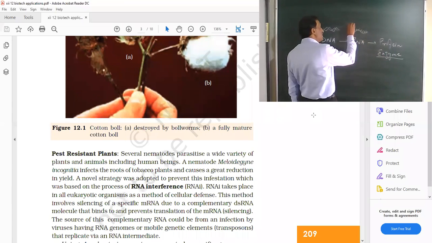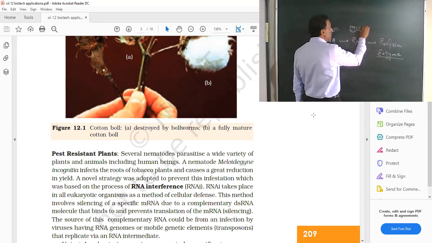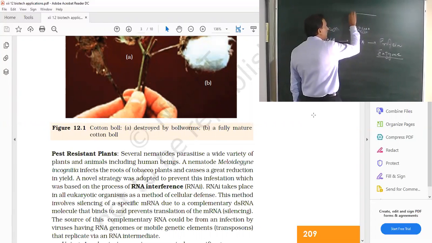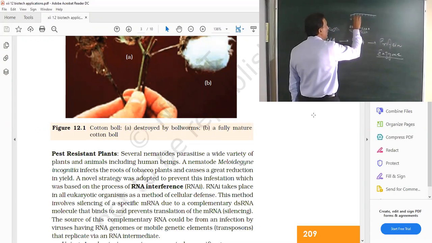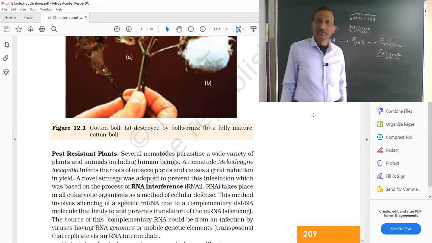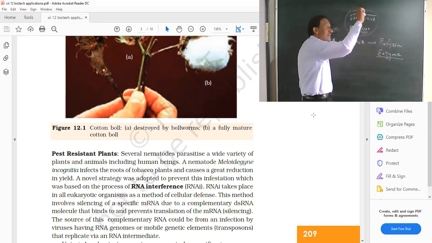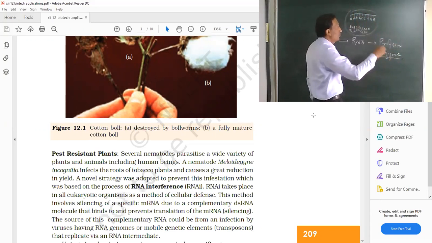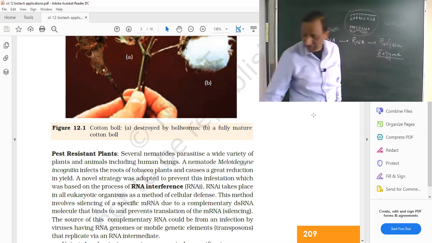And if we have got antisense RNA, say for example, its sequence is AUU, and suppose we got another strand which we add from outside, which has UAAGCCGUA, so it will be just complementary to it, and no sooner the complementary RNA is added, they will join together to form a double stranded RNA.